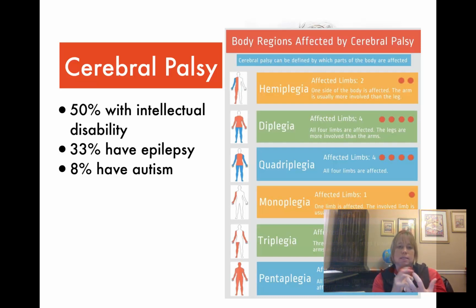So there's a lot of tightness in the muscles. They may have some involuntary movements within the muscles, which is called athetoid. And then we may just see some combination of different movements within the muscles that the medical professionals typically use for diagnosis.